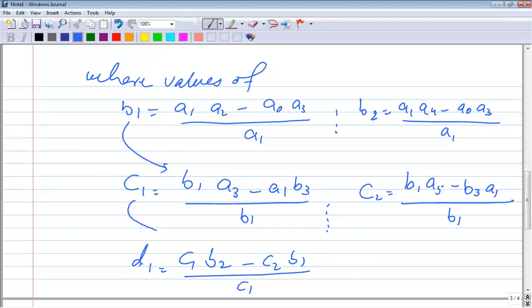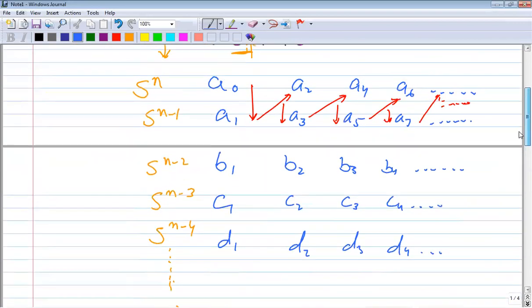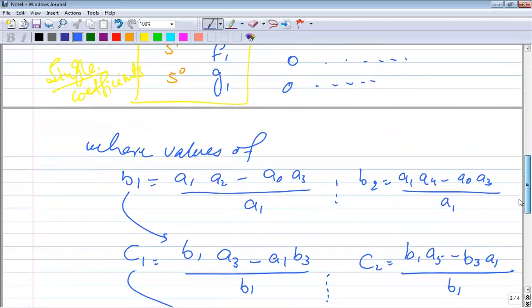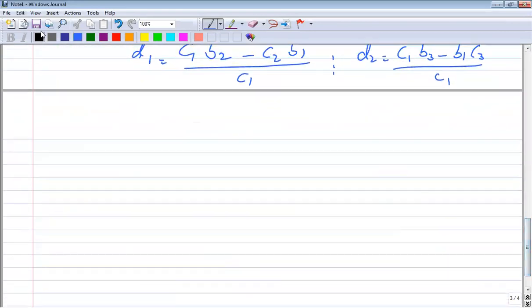So c1 comes from here, and then I have d2 is equal to c1 b3 minus b1 c3 divided by c1, and so on and so forth, right? In this way I can identify the values of these. Eventually I need to find f1 and f2. Let's have an example from the book.